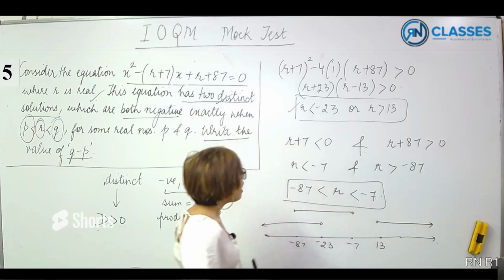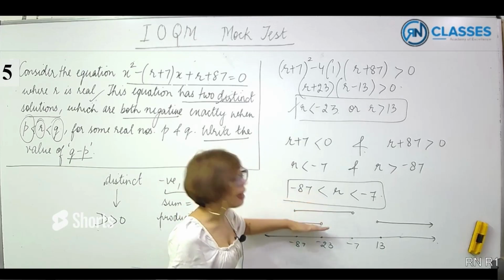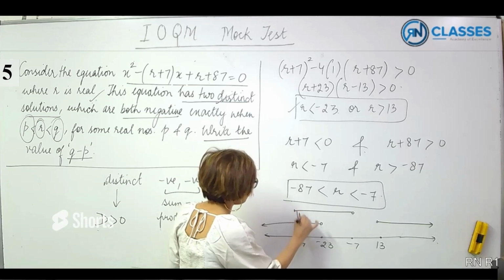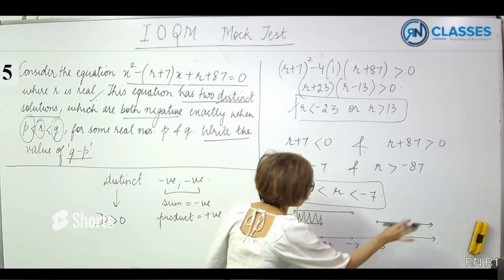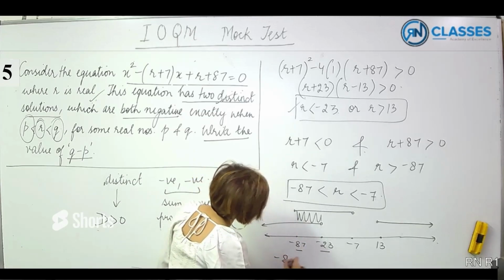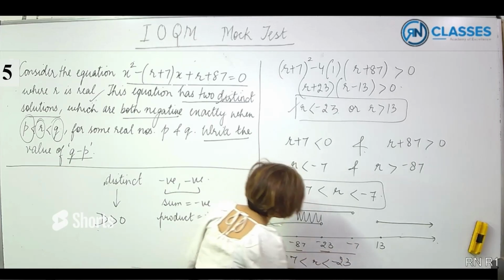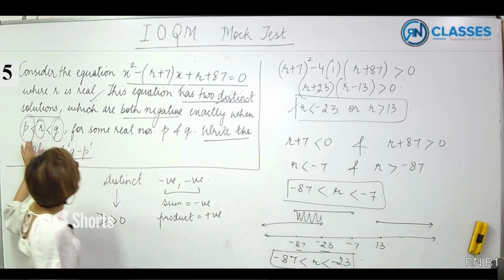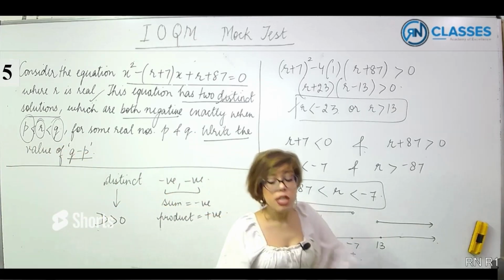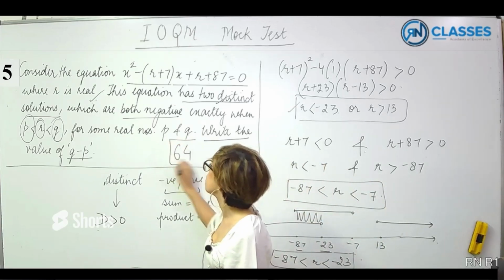So, here. Right? Now, I want r to satisfy this as well as this. So, that means r should lie over here and it should lie over here. So, that means the common part. So, that means I'm talking about this one. Right? No common part, no common part. So, this is the only common part. So, that means r must vary from minus 87 to minus 23. Right? Done? Now, my P and Q are fixed. My P is minus 87. My Q is minus 23. Just substitute it and you will get the answer as 64.